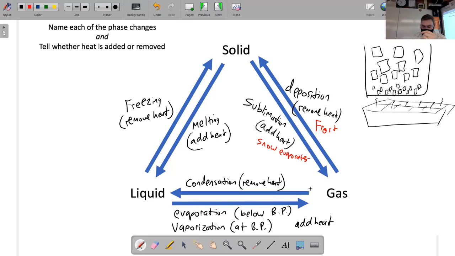From gas to liquid, condensation happens with rain, but also with dew. If you have a cold glass and the outside gets wet, that's water vapor hitting the surface and changing to liquid. And liquid to gas, evaporation happens off the surface of the ocean all the time.